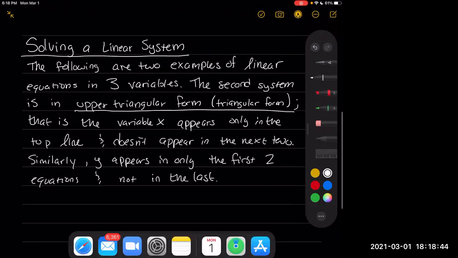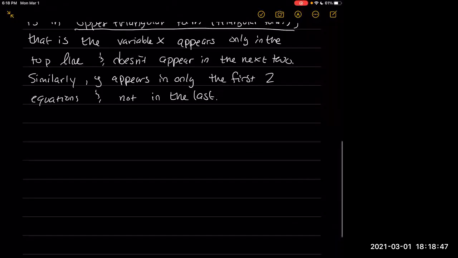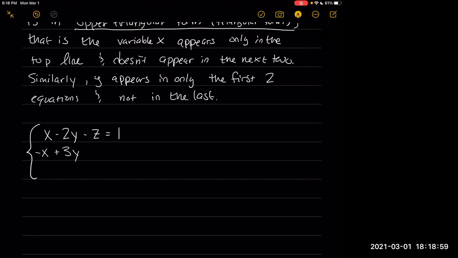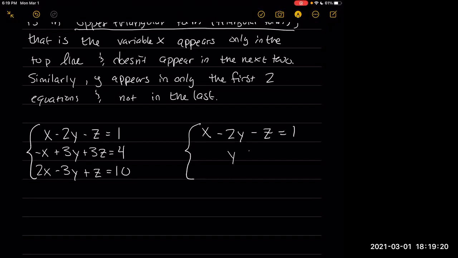Okay, so what this means is, if we look at our first system, this is going to be x minus 2y minus z equals 1, negative x plus 3y plus 3z equals 4, and 2x minus 3y plus z equals 10, versus our second system, which will look like x minus 2y minus z equals 1, y plus 2z equals 5, and z equals 3.